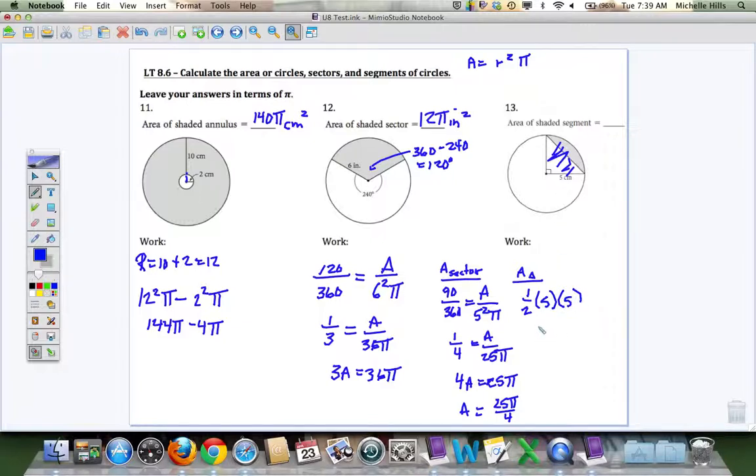So I end up with 12.5. So the final area of the shaded segment, and I'm going to have to put this up here because I don't have room, I would take the area of the whole sector, which is 25 pi over 4, and I'd subtract out the area of the triangle, which is 12.5, and then my units are on this entire thing, so that's square centimeters.